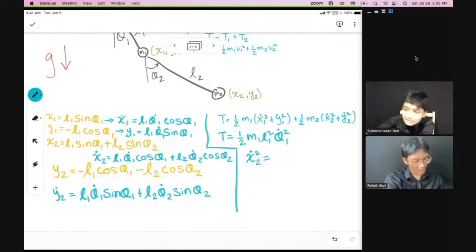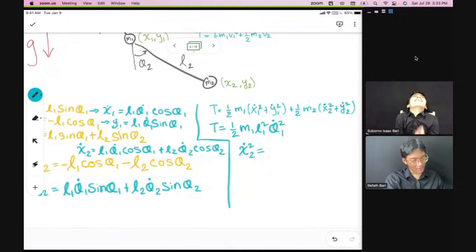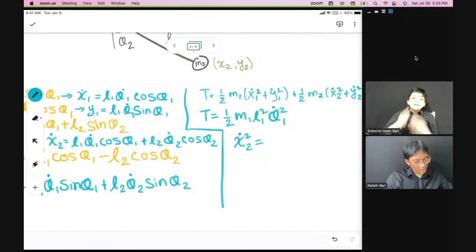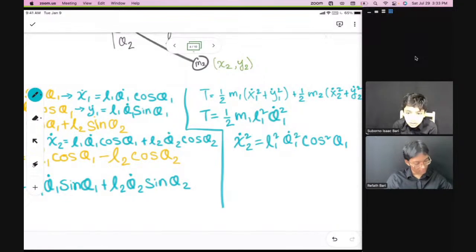So x2 dot squared, you want to tell me what that is or write it down? Or you just tell me what this one is. This one is rather long. So L1 squared theta 1 dot squared, or I'll write it out, that's fine. That's just the first term of three, plus 2.